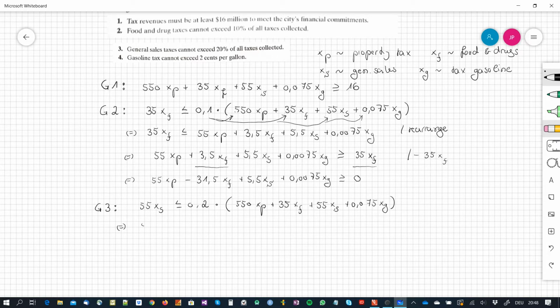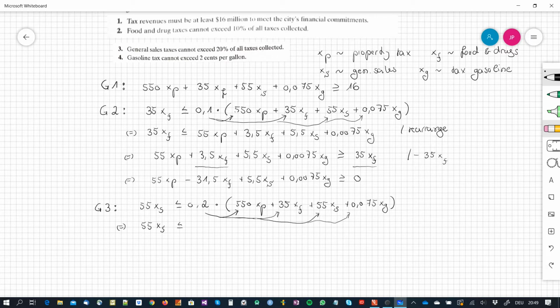So first we get rid of the brackets. That is an S. I know it's difficult to see or individuate from the G. So 0.2 multiplied by this term, this term, and then that term.